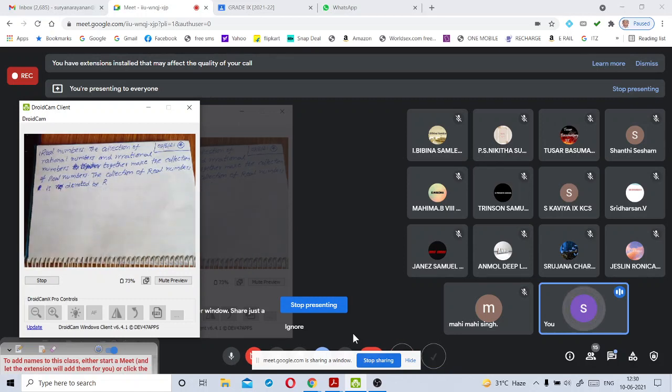The collection of real numbers is denoted by the capital letter R. Remember these points.